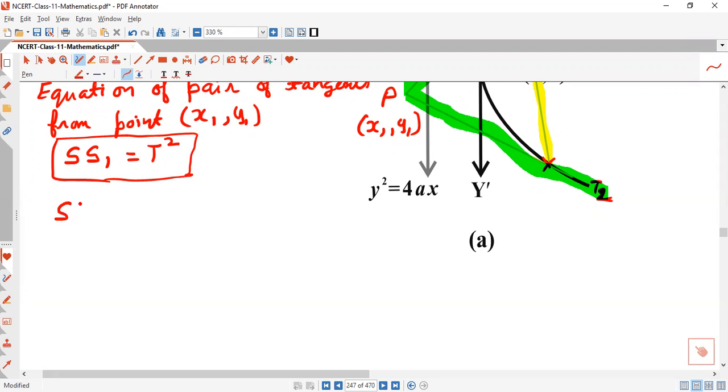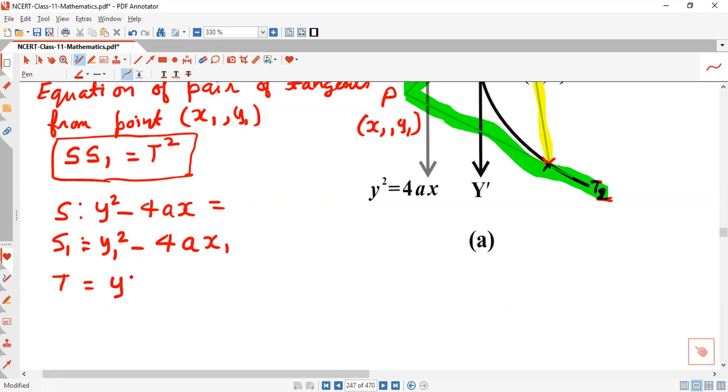What is S here? The equation of the curve. We say here y square equal to 4ax, so S is y square minus 4ax. S1 is the equation of the curve when the point is x1, y1, so y1 square minus 4a x1. Then, what is the equation of the tangent? You know very well, y y1 minus 2a (x plus x1).